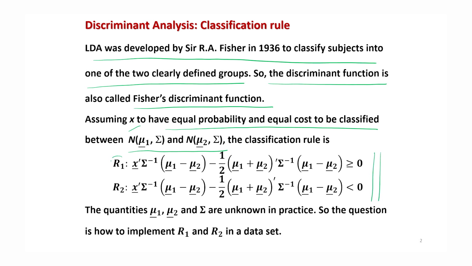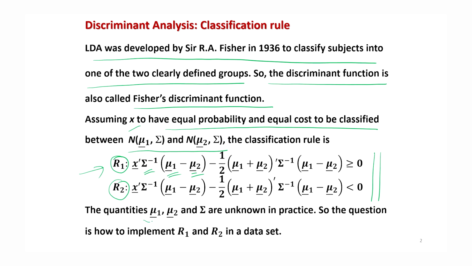The entire region was divided into two mutually exclusive regions, R1 and R2. If sigma, mu1 and mu2 are known, then you can compute this linear function, and based on that you can classify the observation either into R1 or R2, which further classifies it as if the observation is coming from normal mu1 sigma or normal mu2 sigma.